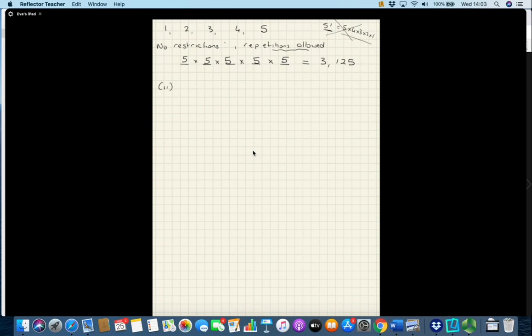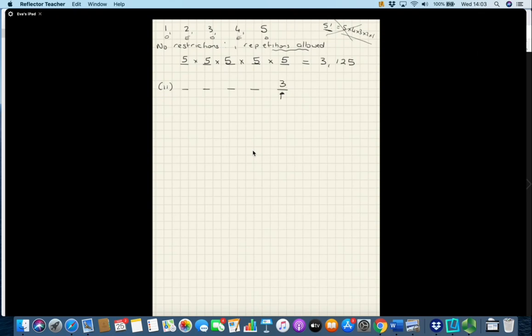Okay, part 2. The number is odd and no repetitions are allowed. So again, still 5-digit numbers, 1, 2, 3, 4, 5. What makes a number odd is the number out here at the end.